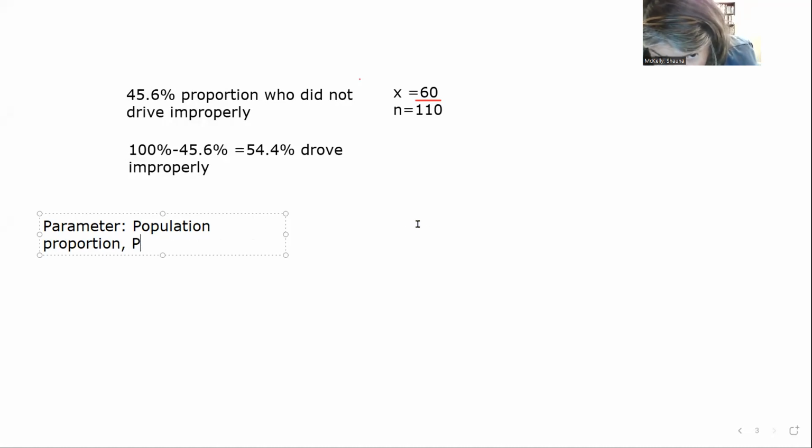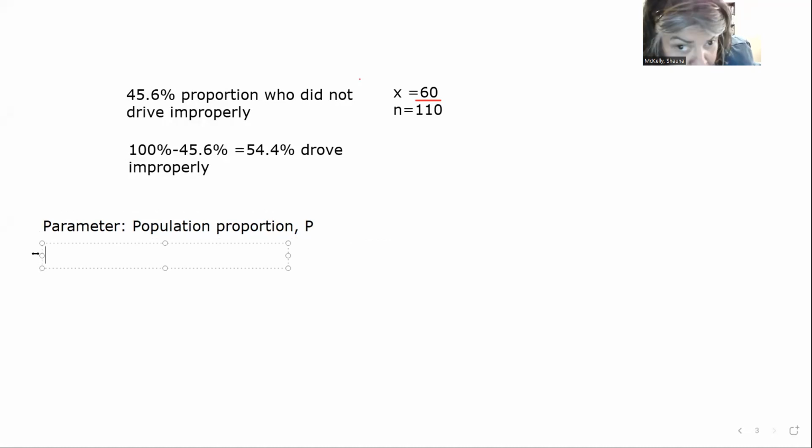The next thing you're going to do is state what the claim is, okay? Is there enough evidence to conclude that it differs from the population proportion? So differs, as you might remember, means that we're not equal to.